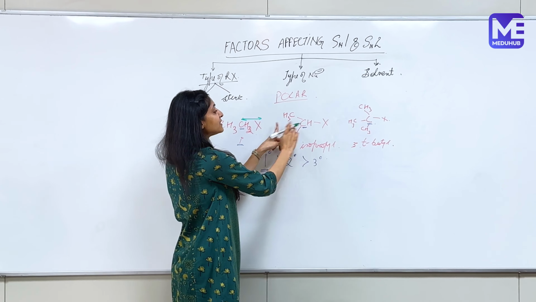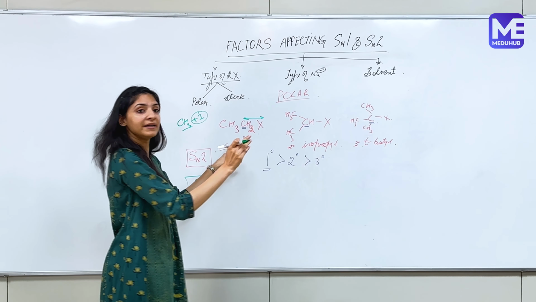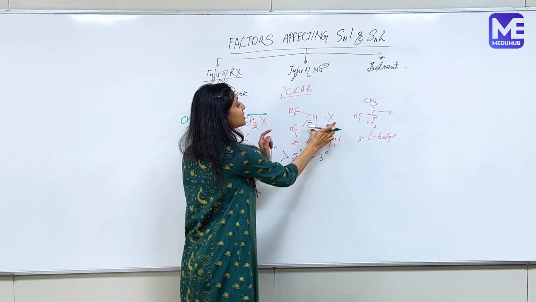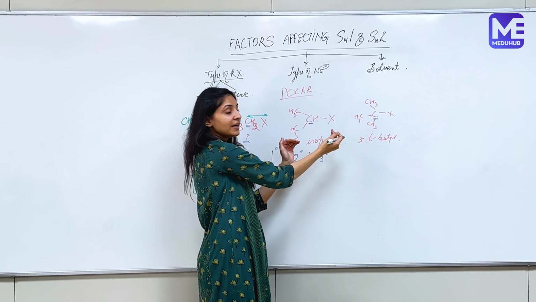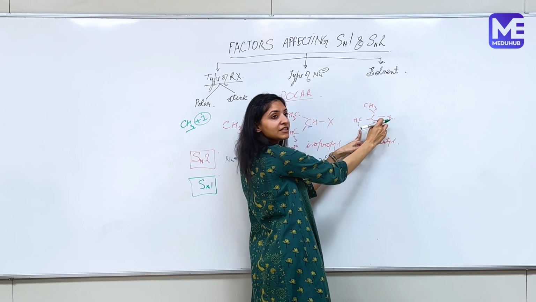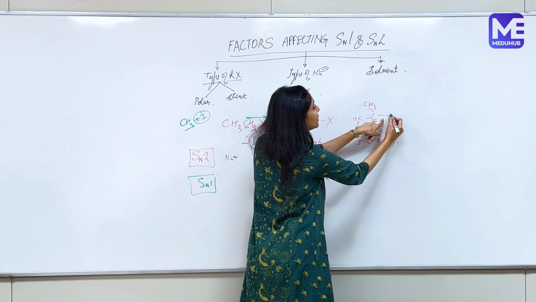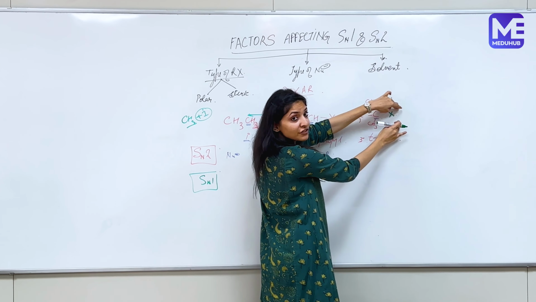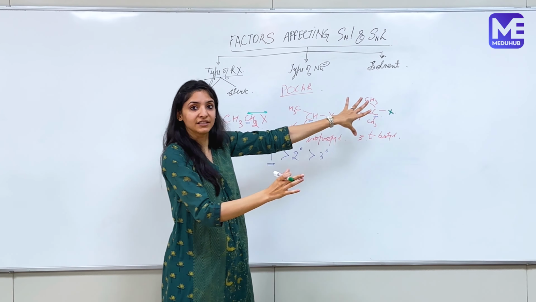Here the electron density on this carbon will be more than the 1 degree carbon. This bond will be more polarizable and further easier to break. And similarly, this one will have the maximum electron density on this carbon, and because of the electronegative nature of this halide ion, this electron density will shift here and this bond will be the easiest to break.